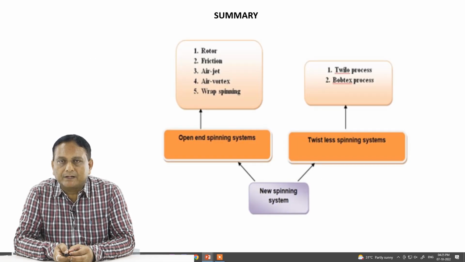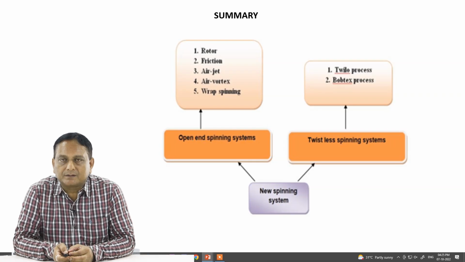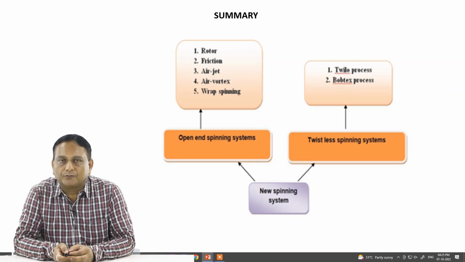So if we try to summarize the process in this lesson 1 of unit 4, we have seen the new spinning systems, that is, one called open end and another called twistless. So we have seen the open end systems, rotor spinning, friction, air jet, and then in twistless spinning we have seen Bobtex spinning.